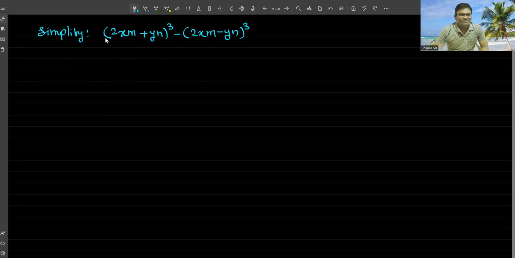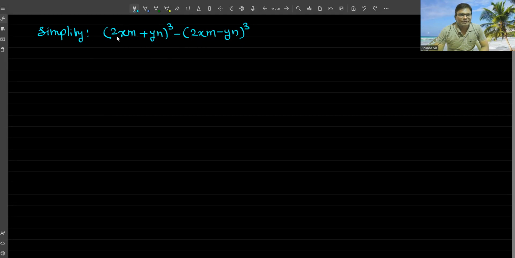So we can simplify this expression using two methods. The first method, you can use the expansion formula of (a plus b) whole cube and (a minus b) whole cube.